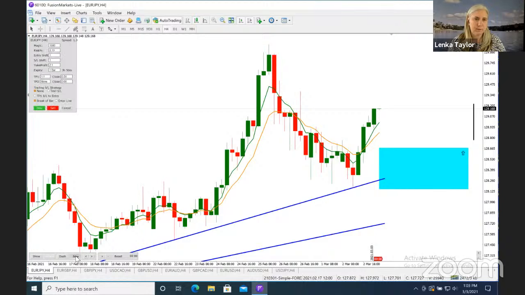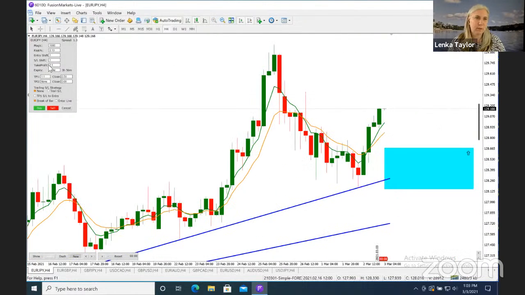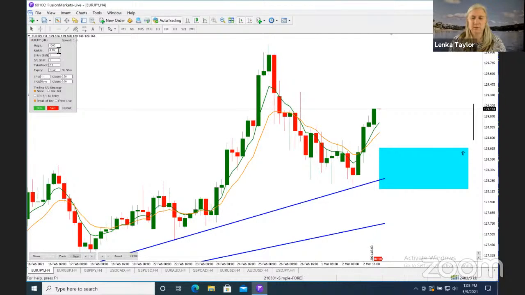All right, so let's do a new trade. I'm looking at a risk of 0.5 on this one. I want to enter above that first bar there. So let's have a look above the bar there. And my stop loss, I'd like the stop loss to be about here.